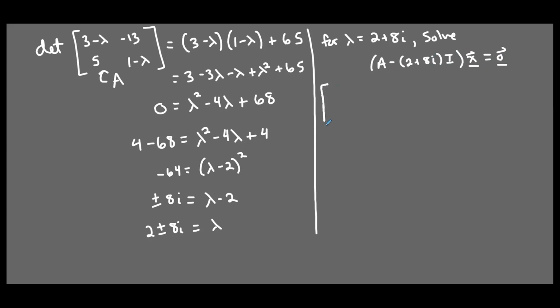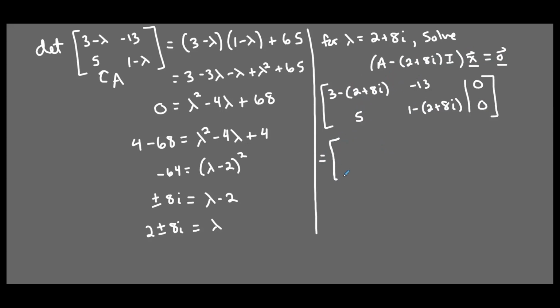So I'm going to subtract 2 plus 8i from the main diagonal. And then augment with the 0 vector. And now we're going to row reduce and solve the system.